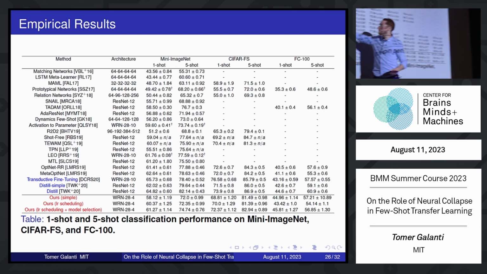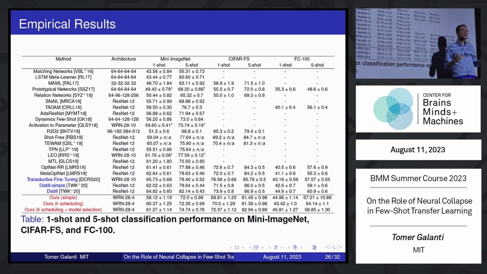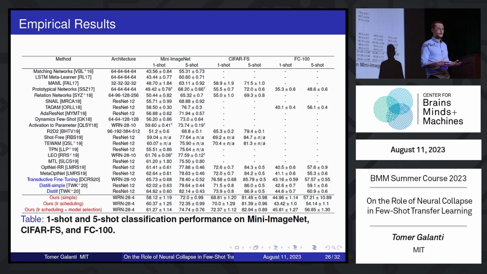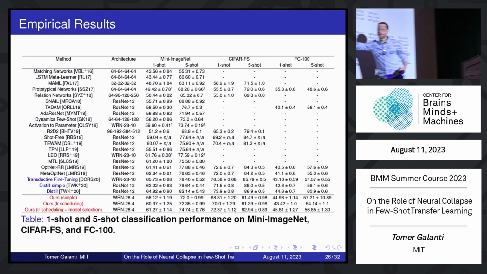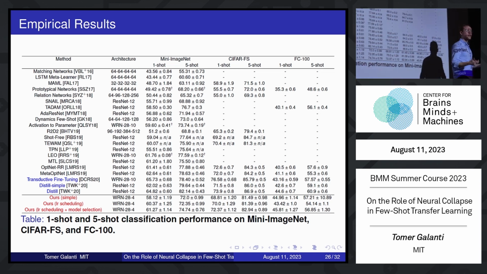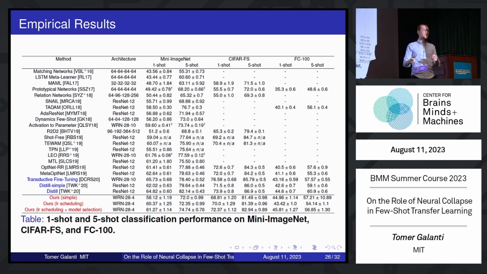And anything above that is a classic FewShot learning method, the other approach that I described at the beginning. And we can see that on a variety of data sets, this very simple idea is able to be either competitive or even better than FewShot learning methods, and also competitive with the more complicated versions of transfer learning.